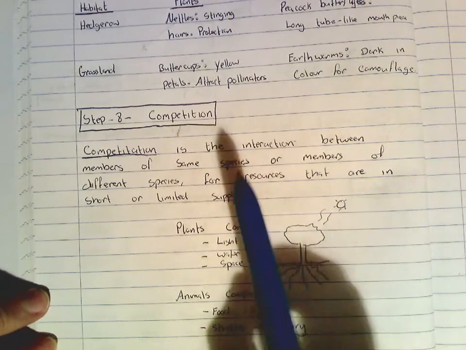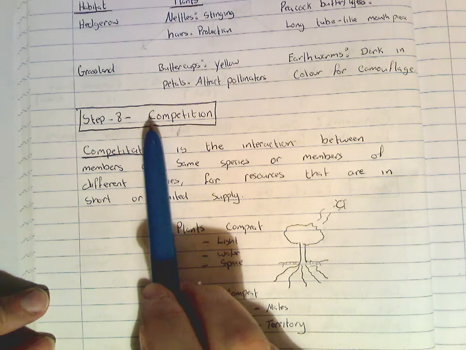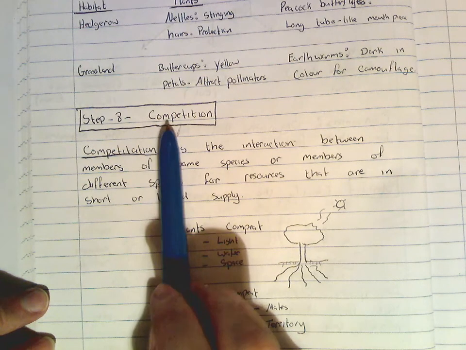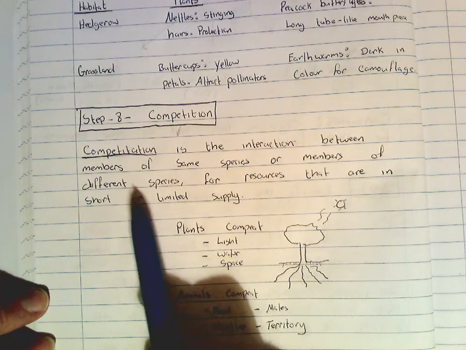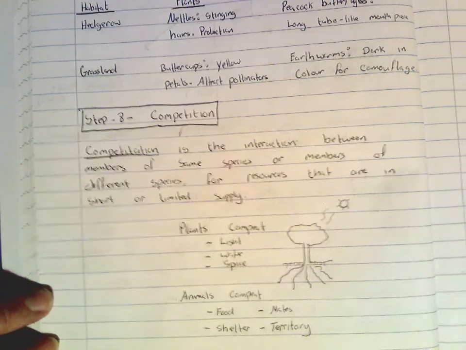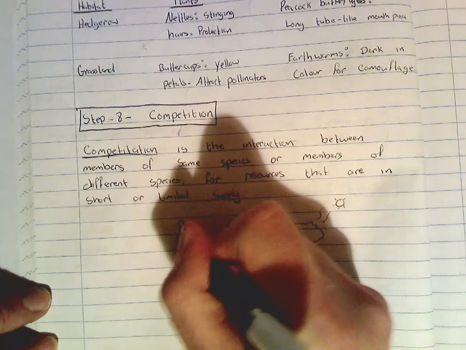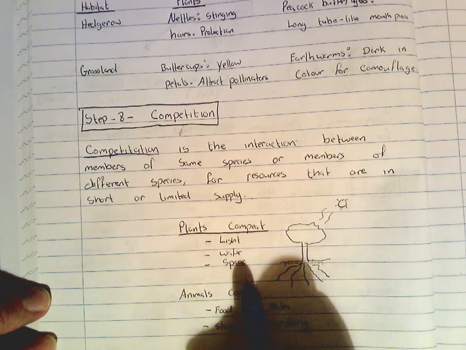Just to recap what we looked at in this lesson. Step 8 in the habitat study is competition. Competition is the interaction between members of the same species or members of different species for resources that are in short or limited supply. Plants compete for light, water, and space.